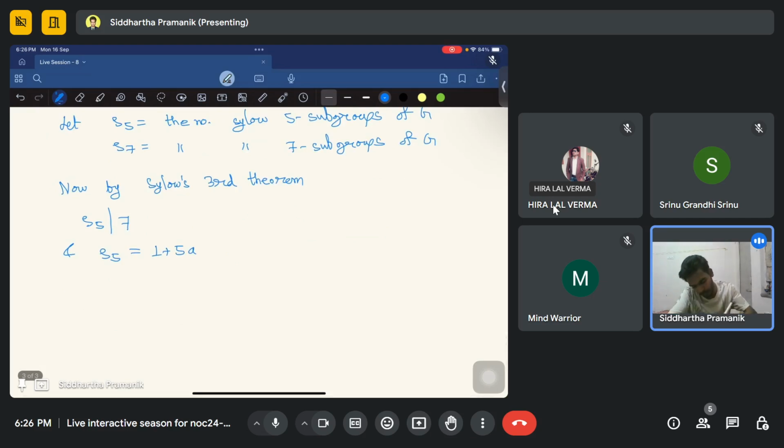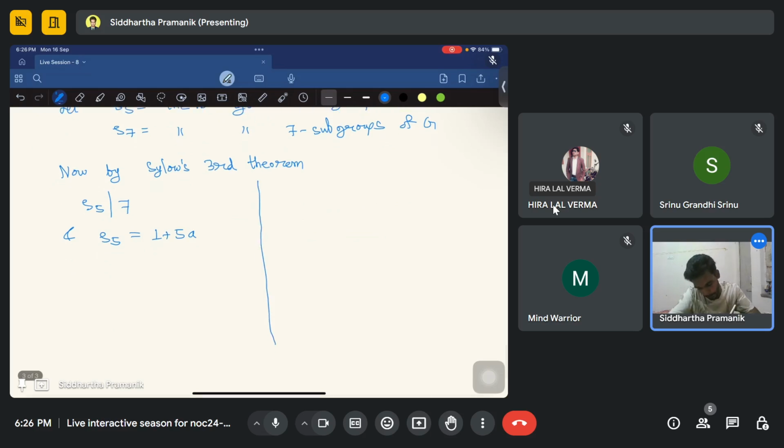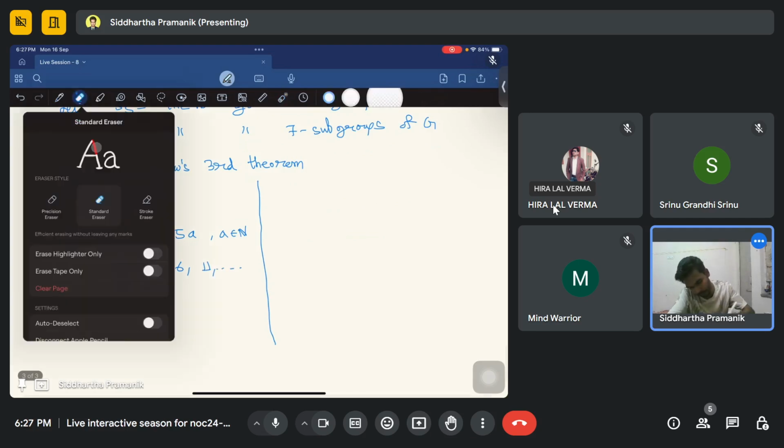So from this, can you say what is S5? Yeah. So S5 has to be 1 because it can be 1 or 6 or 11 or so on, but it has to divide 7 also. So we have only one possibility, which is 1.